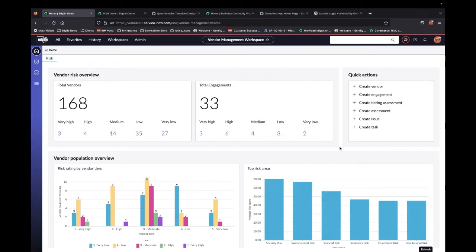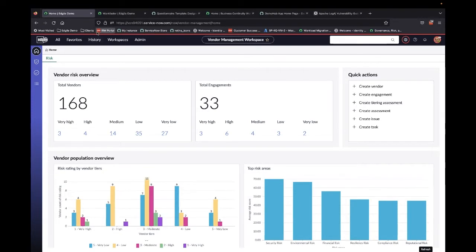And so we can start to look at reports here and say, a number of vendors, populations, what are those risks as we understand them? But maybe these very high risk vendors are the ones that we're going to be in contact with most frequently because they pose the most potential risk to the organization. We want to make sure that we're managing that as best as we can.